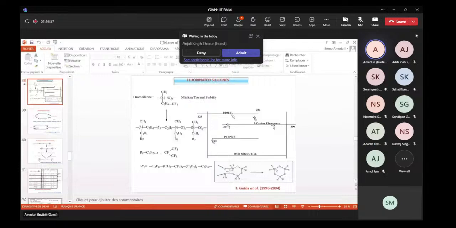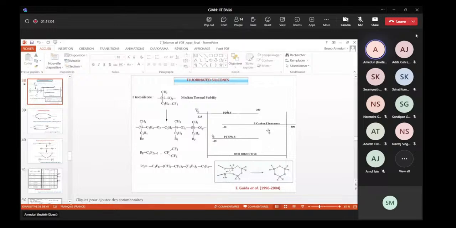So the objective here was to combine the use of fluorosilicones and fluorocarbon elastomers in order to lower the Tg and to increase the thermostability. And indeed, the objective was to prepare this kind of fluorosilicone in which the fluorinated group here in the center could protect this silicon atom in order to maintain a good thermostability.